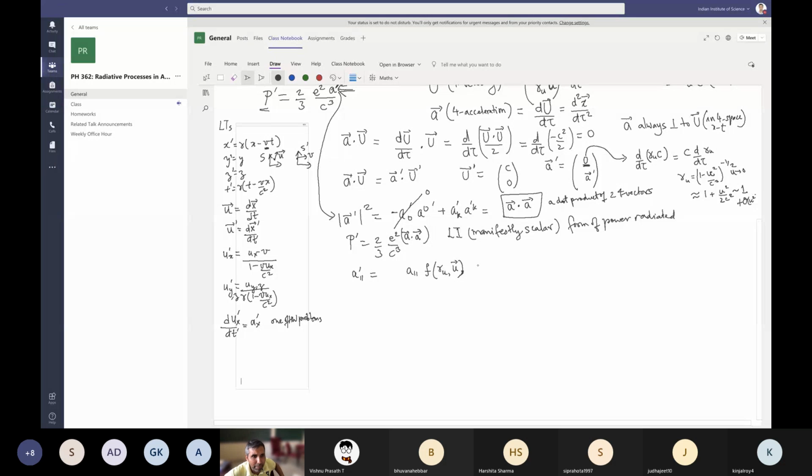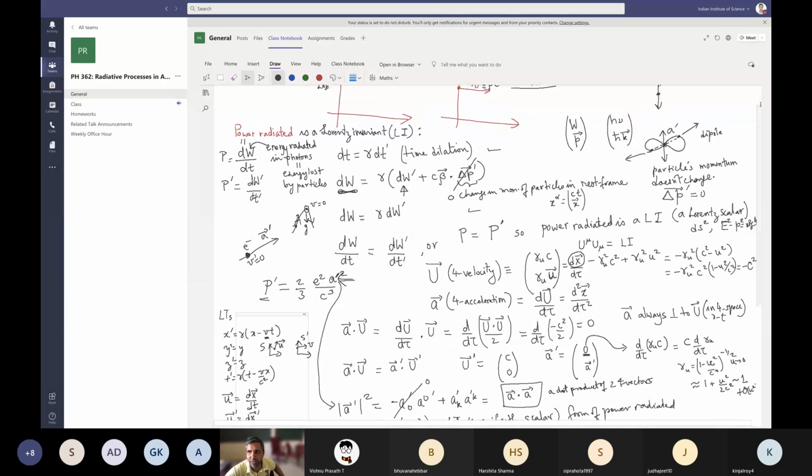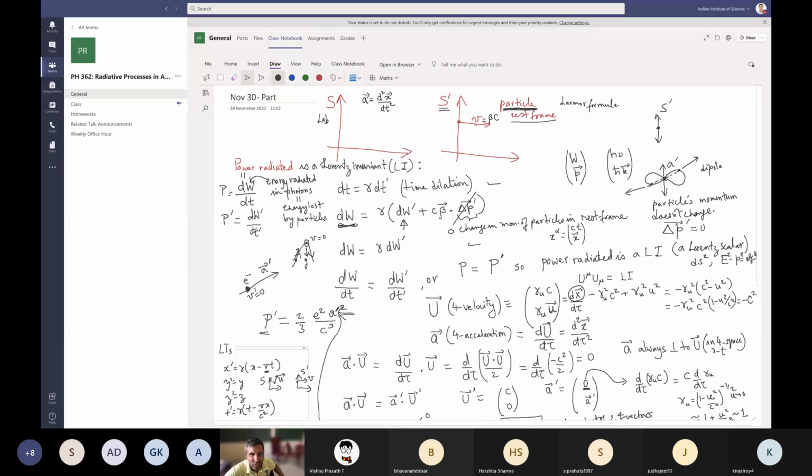But when we are looking at the particle rest frame, we can actually set v equal to u. So basically the situation is that you are in a frame in which the particle is at rest, so this v is the particle velocity.